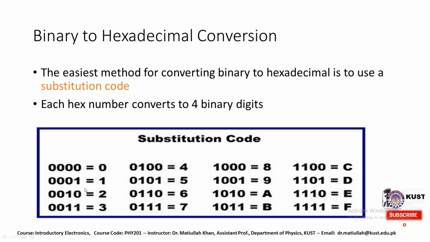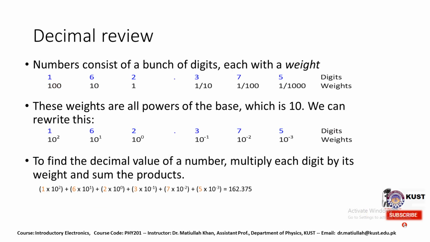For the 1 in the hexadecimal, the binary equivalent is 3 times 0 and then 1, and similarly if we come toward the F, the binary equivalent is 4 times 1. So in this way we do the multiplication.